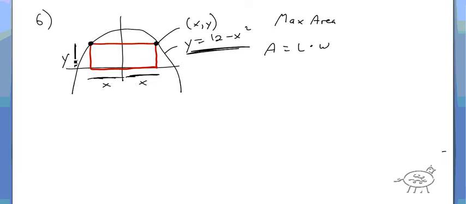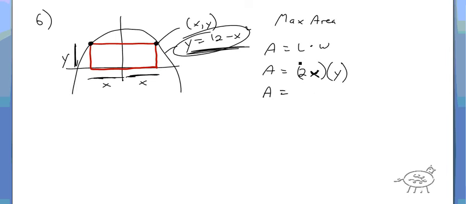Makes sense. So area equals length, which is 2x, and the width is the y. So area is equal to 2x times y, which is 12 minus x squared. So area equals 24x minus 2x cubed.